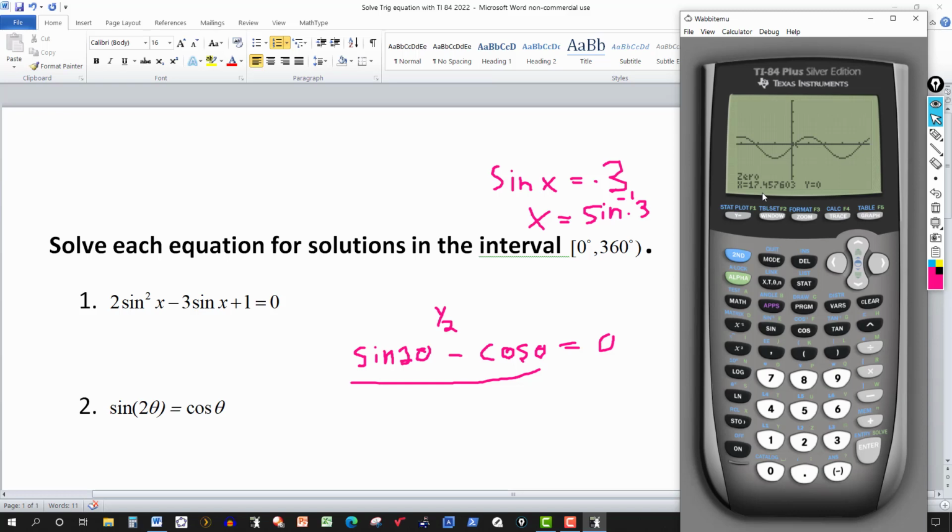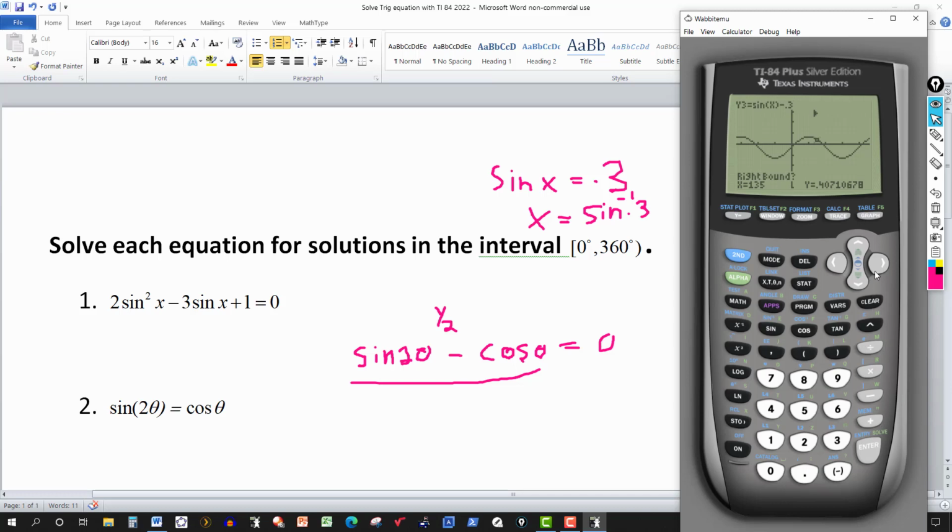And of course, because the angle was in the first quadrant, we know there's a solution also in the second quadrant. But if we want to do it strictly here, we would go again second, calculate, number 2. What's the left bound, so we'll get close to that point without getting on it, and then hit enter.